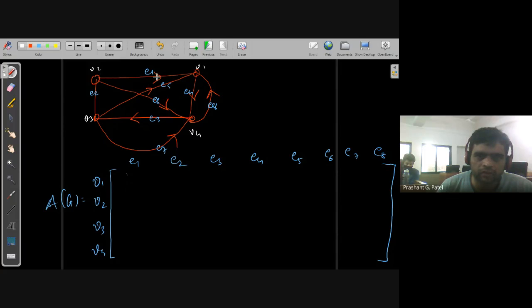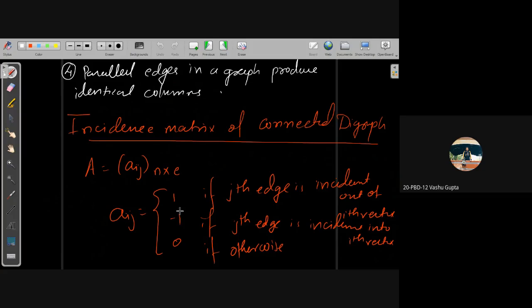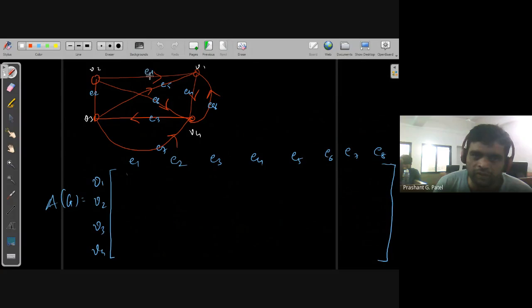This is the edge and the arrow is in this manner, so it is going inside V1. So what will this entry be according to this? It is -1, since it is incident into the ith vertex. The jth edge here is E1.